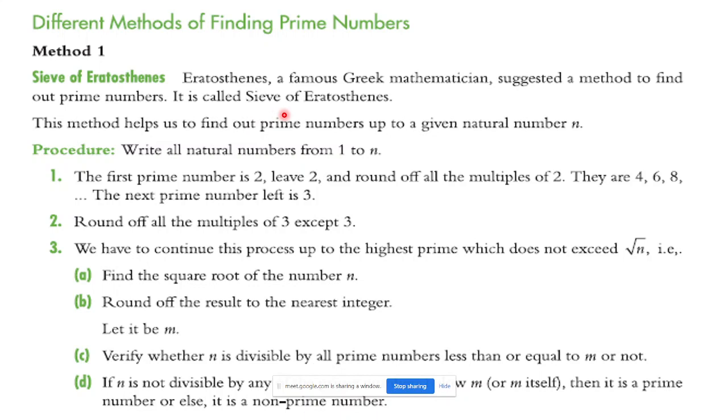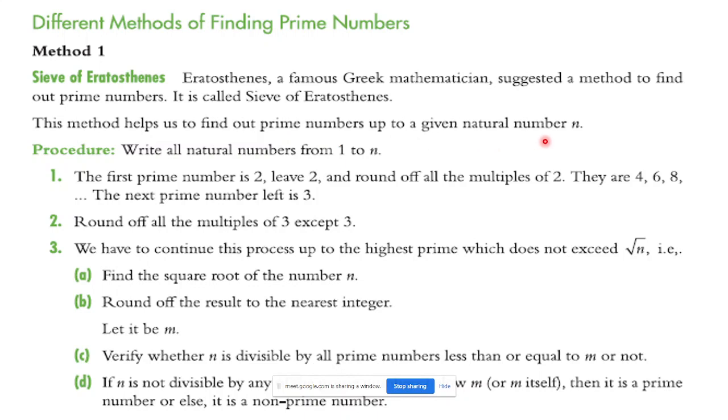It is called sieve of Eratosthenes. He invented a method that is called sieve of Eratosthenes. This method helps us to find out prime numbers up to a given natural number.